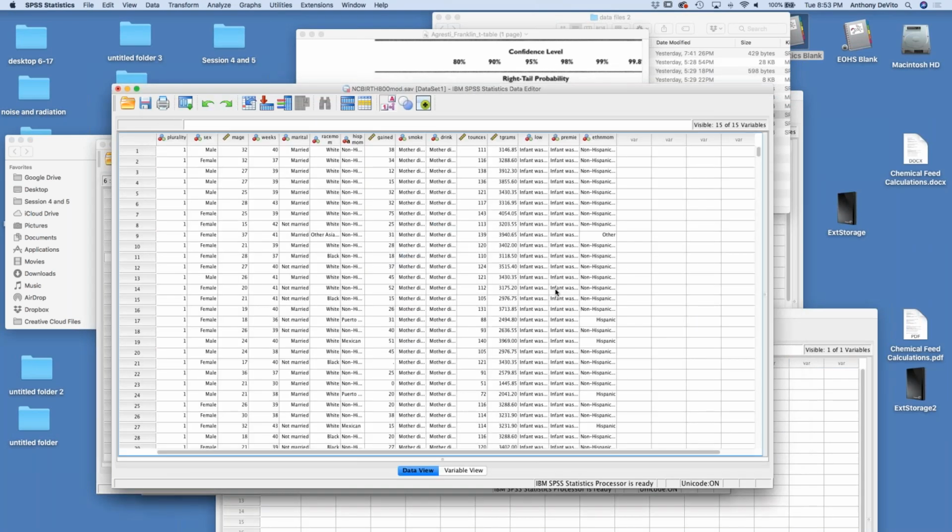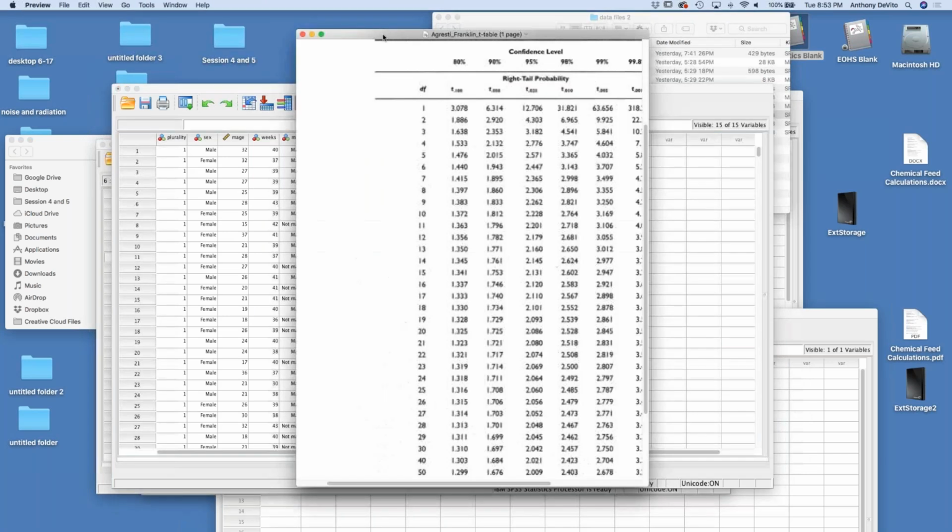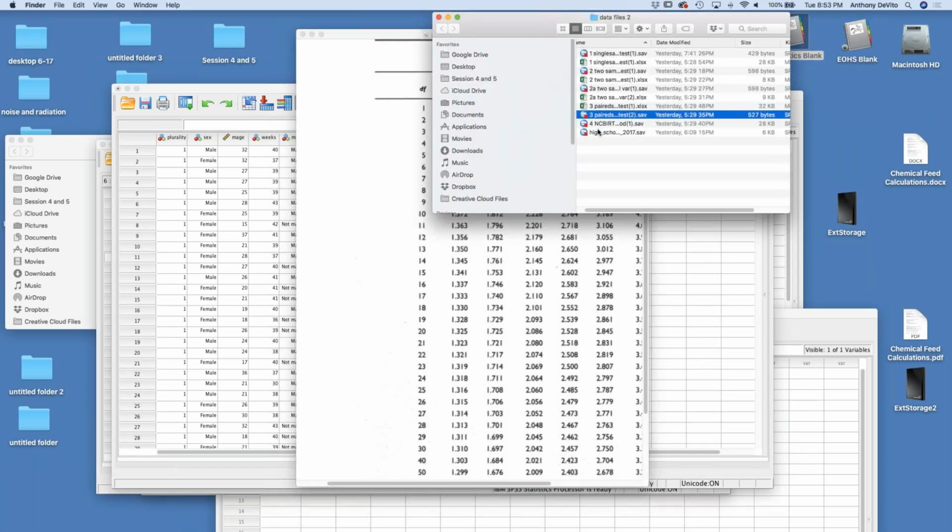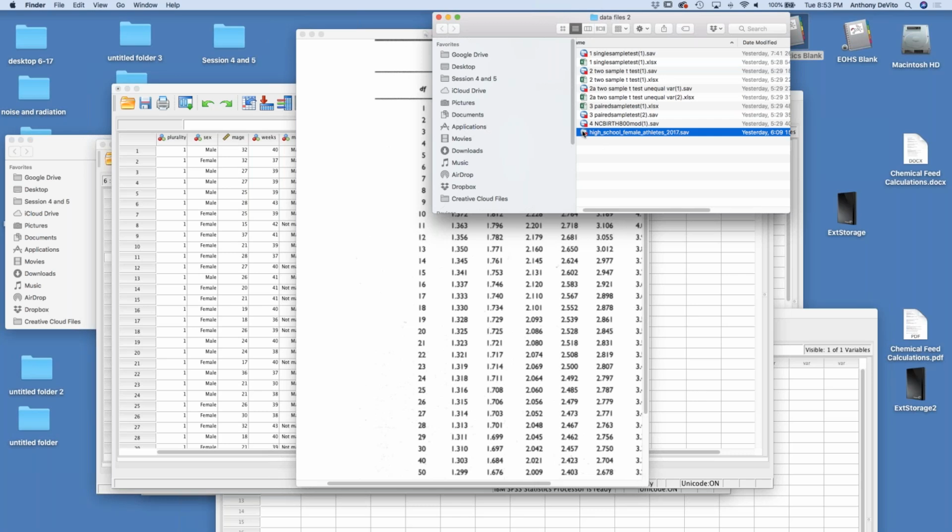Okay, so the next thing I want to discuss is analysis of variance. And I think, let's see if I have a decent one, I'm going to open up this one, high school female athletes. I'm going to open this file up. Oh, God, I double clicked it again. Is SPSS going to do the same thing to me?